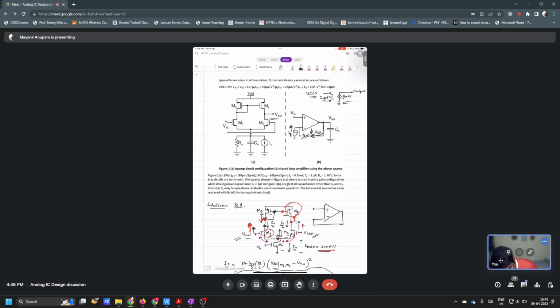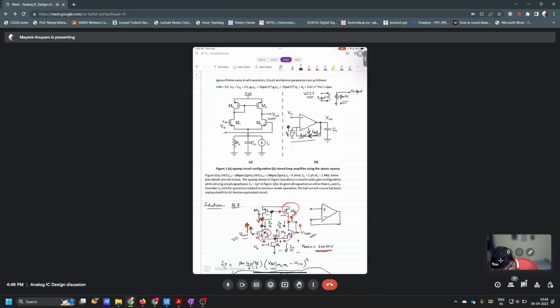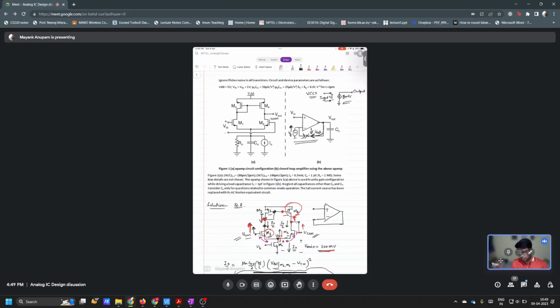Now tell me, in between M1 and M2, which should act as plus and which should act as minus input? Focus on this.